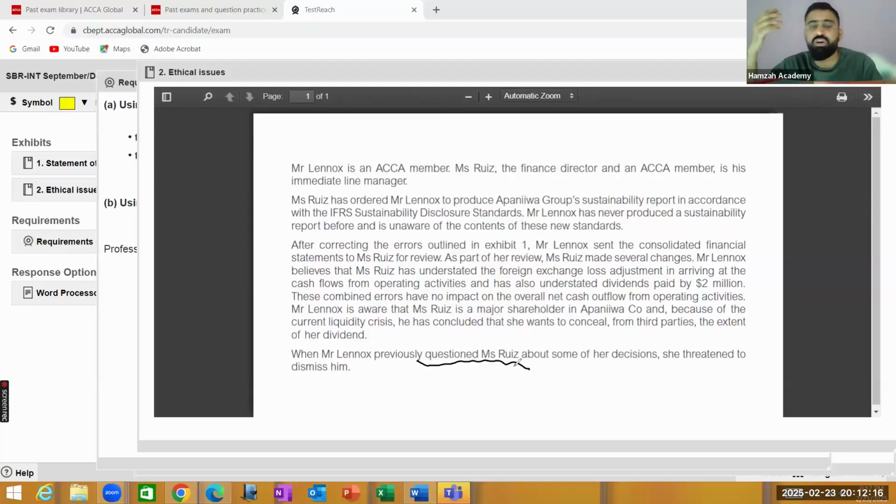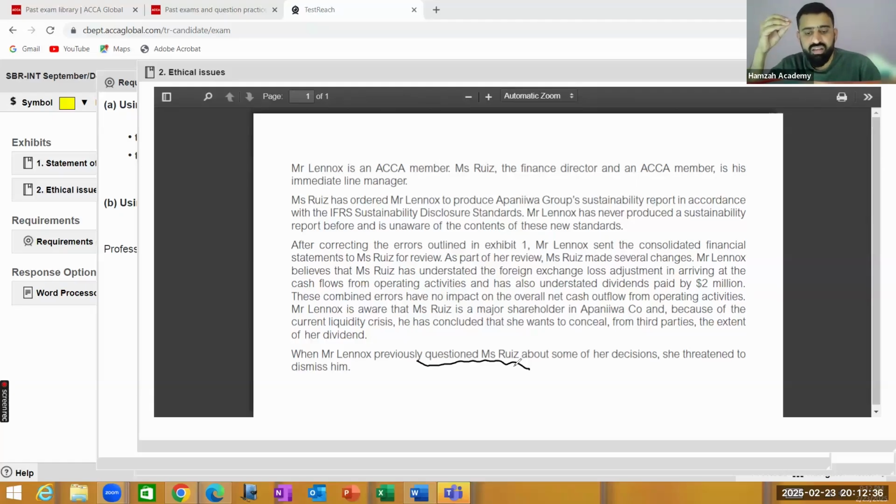So in that situation, it would be very difficult for Mr. Lennox to perform his duty with complete objectivity, which is a primary principle that a professional accountant should follow.